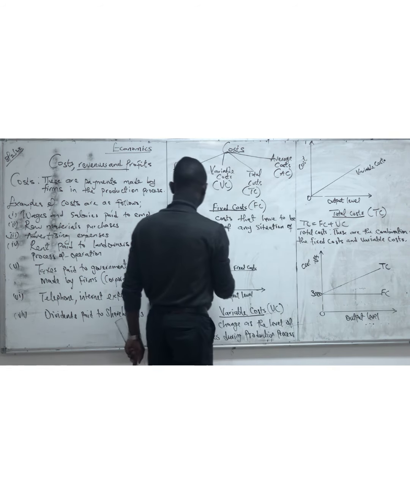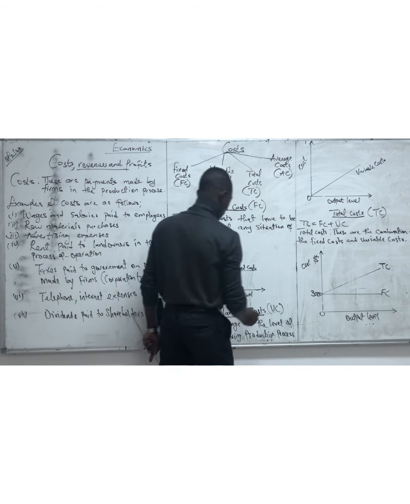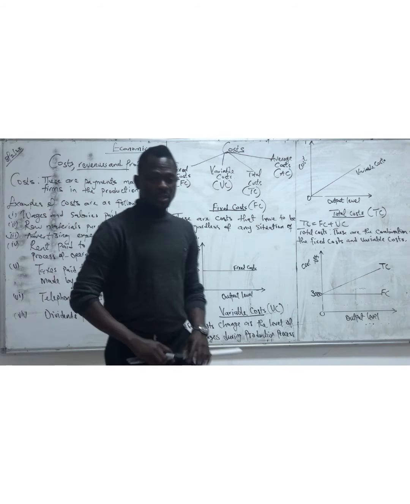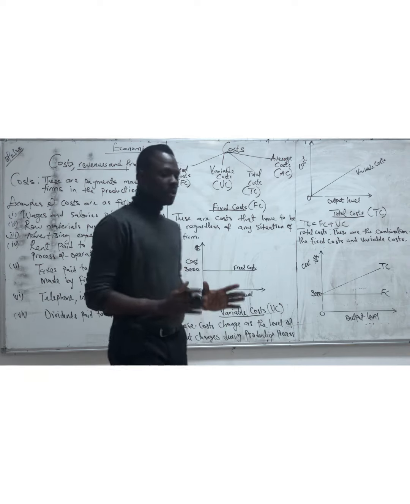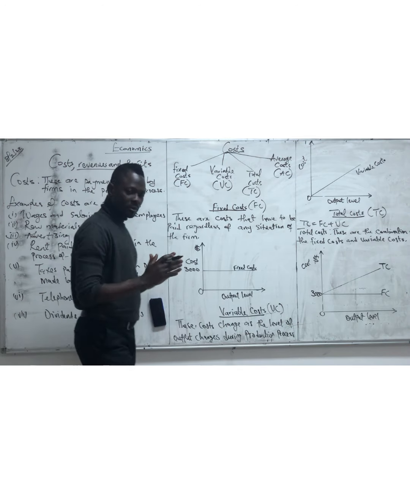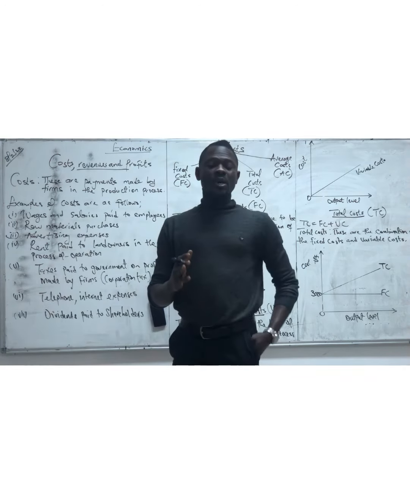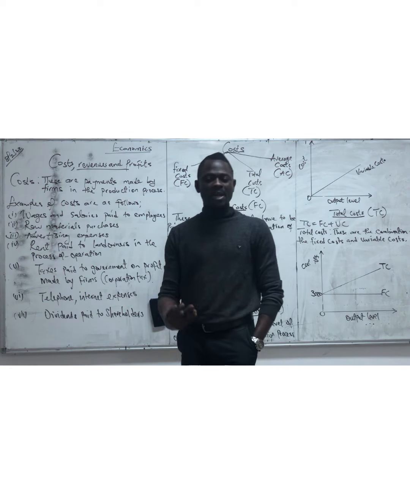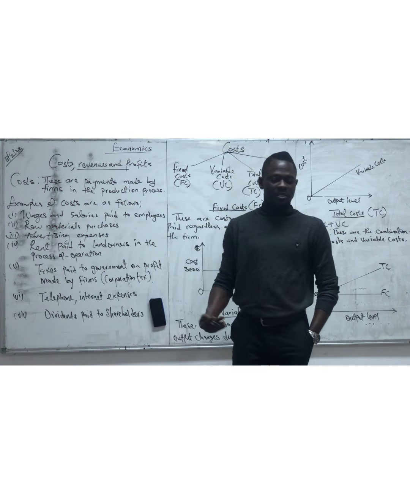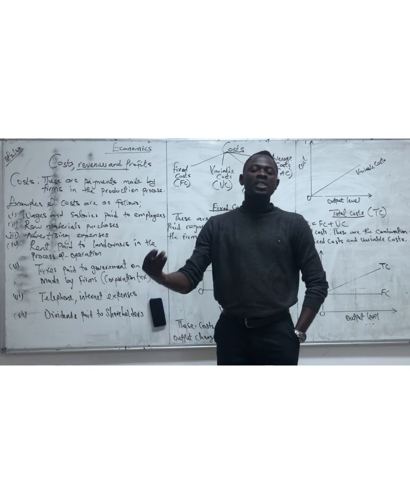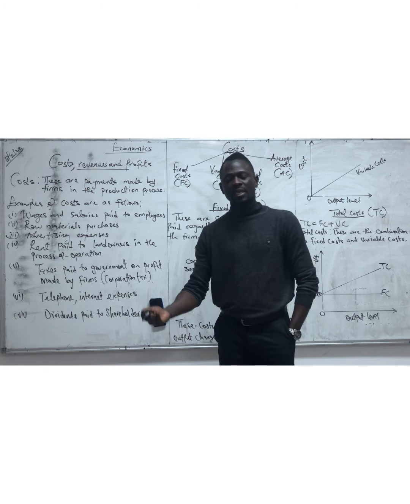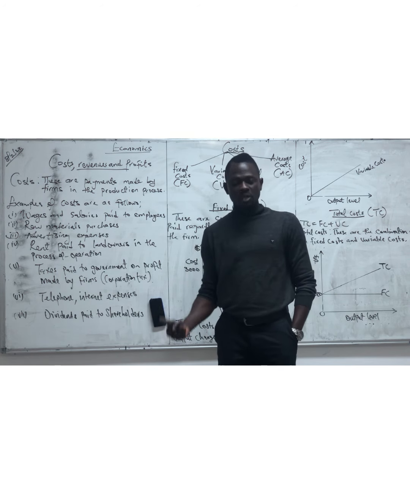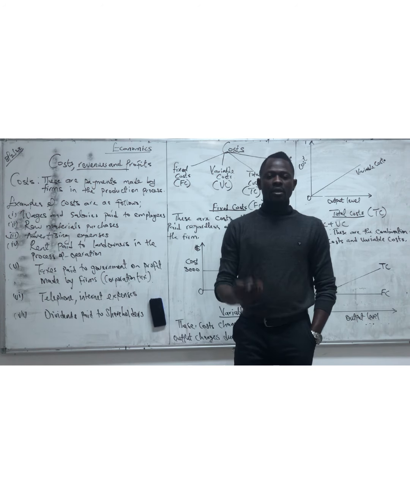Okay. So I'm going to quickly recap it again. We're talking about costs, revenues, and profits. Costs are the payments made in the production process. Firms make these payments in the cost of producing a product or a service.